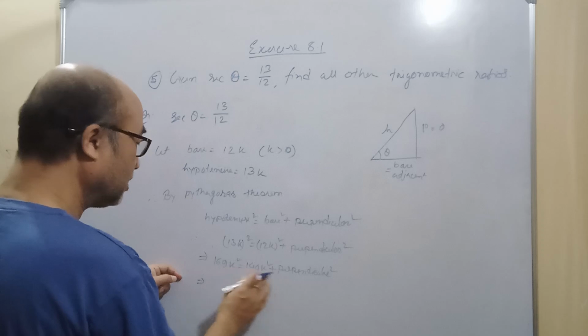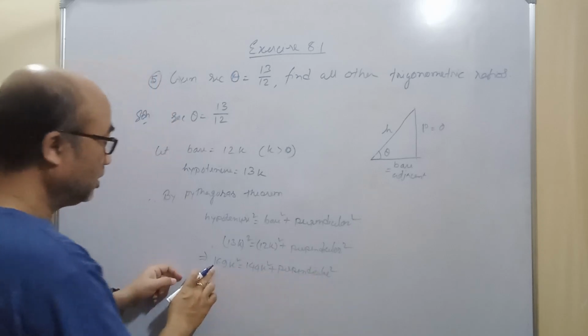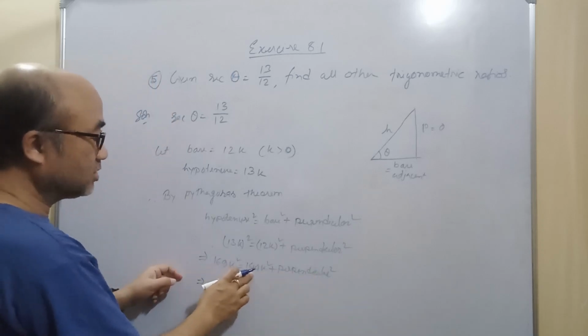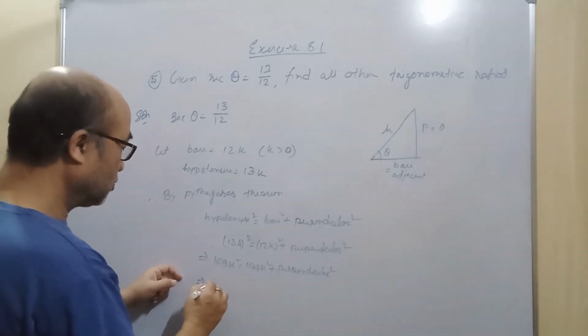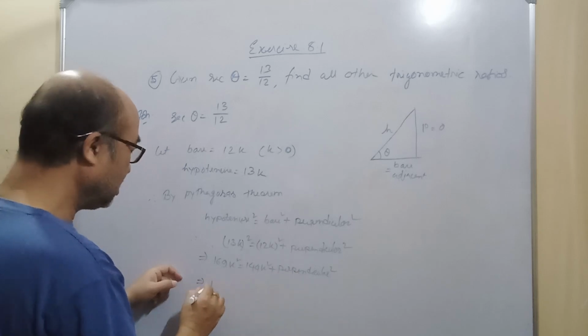So what do we get? Perpendicular square is equal to 169k square minus 144k square. Let us take it to this side.